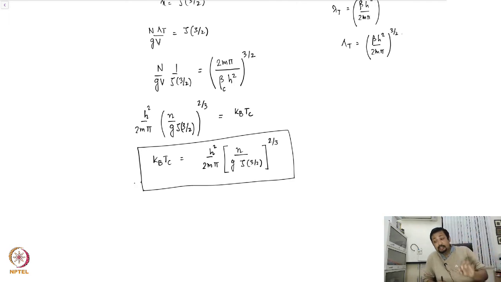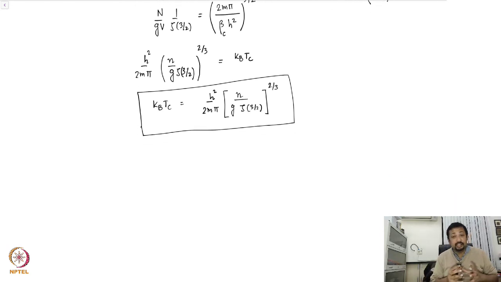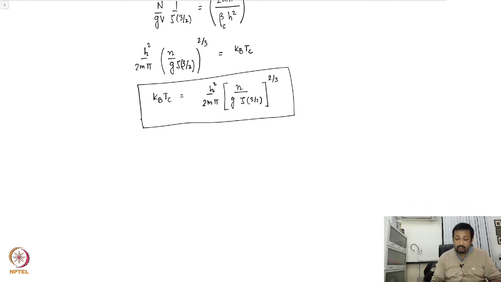At this temperature, your condensation starts to happen and you start to see a condensate that appears at the k equal to 0 momentum state. Now, the particle number in the excited state n epsilon over n is equal to 1 for T greater than Tc, because all the particles that you put in essentially go into the excited states if you are away from this critical temperature.